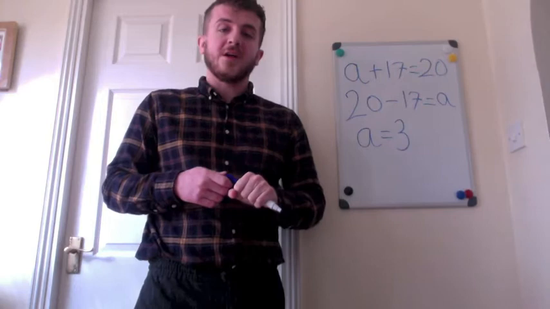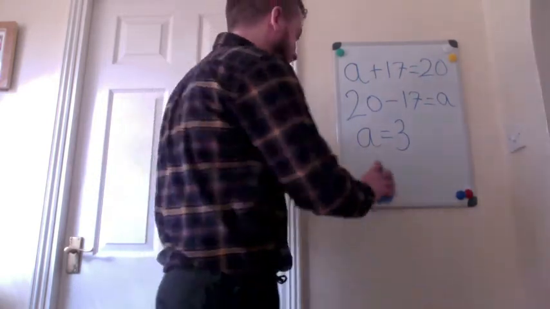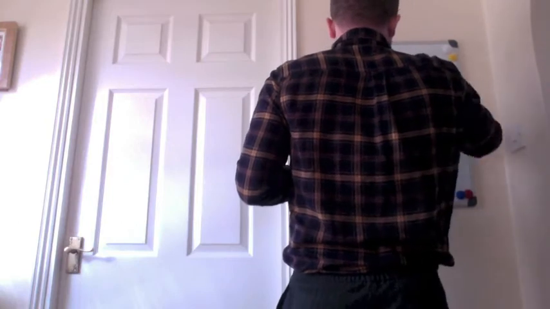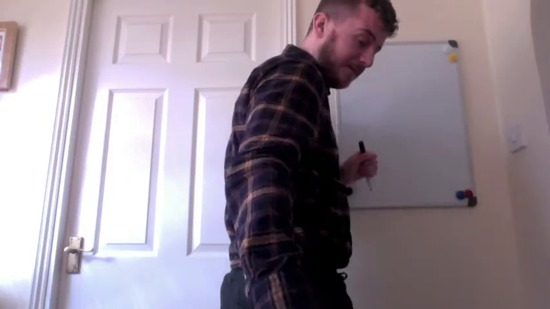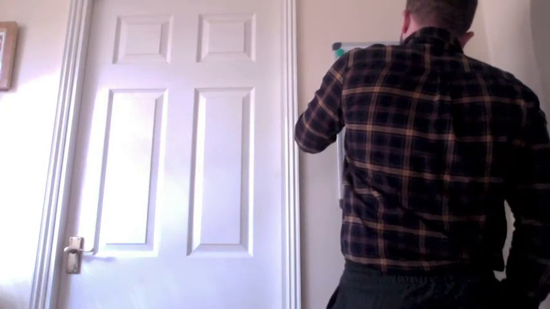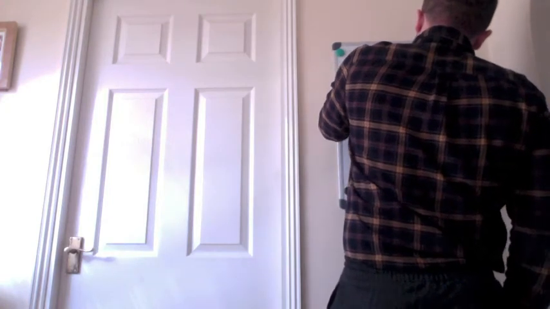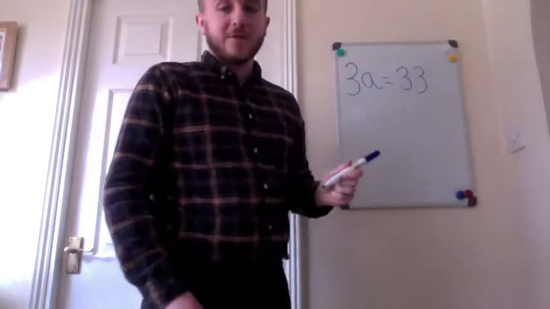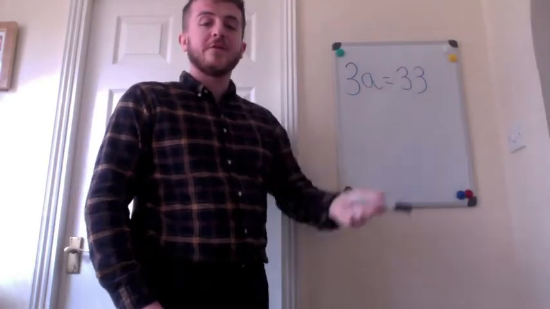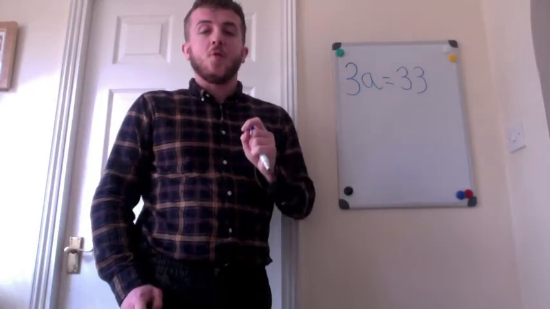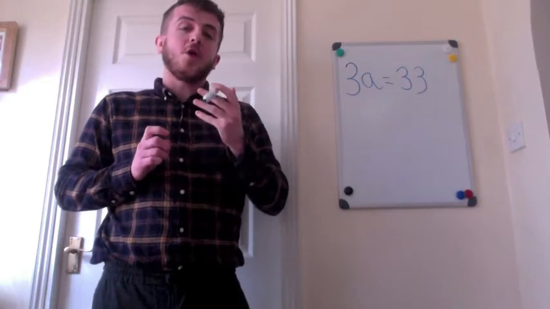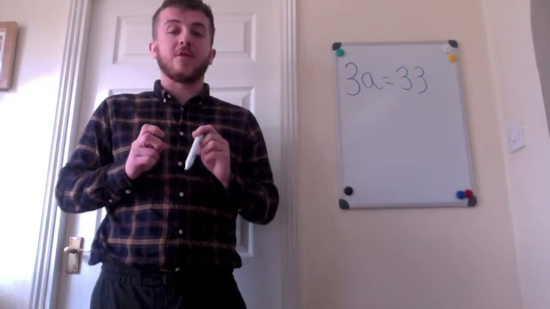Okay? So we're going to get a bit more tricky now. Okay, so I've got 3A equals 33. When a number is next to a letter, the operation that you must do is multiply.